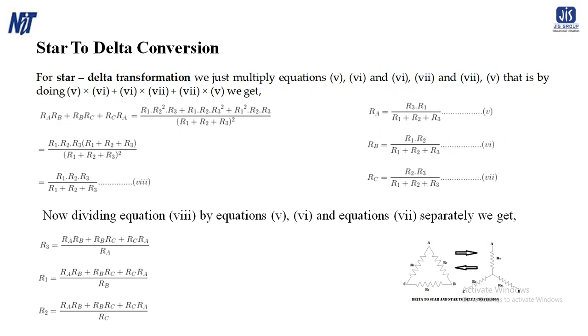Then using simple mathematics, we divide the final equation by the individual equations of RA, RB, RC. Then after doing that, we can find the values of R1, R2, and R3. So this is the process. It's a very simple process, but practice is very much required for this.